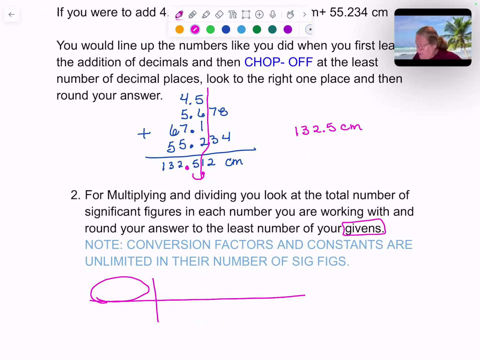If it's got 3 significant figures, your answer better have 3 significant figures. All of these other values that we're putting in here, those are all conversion factors or constants, and they never change. They're unlimited in their number of sig figs. So multiplying and dividing, no more digits in your answer than the least of your givens, your measurements.